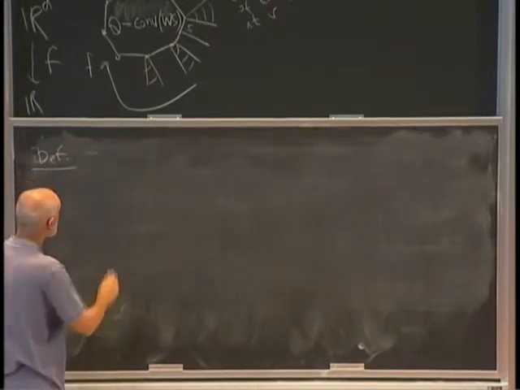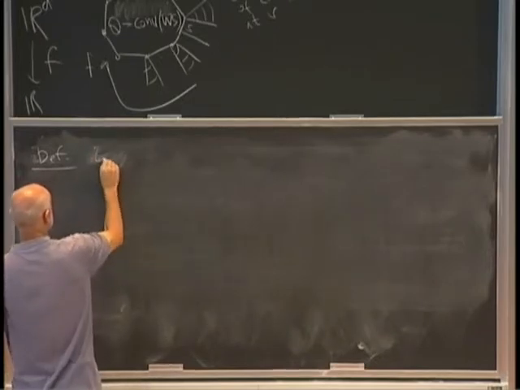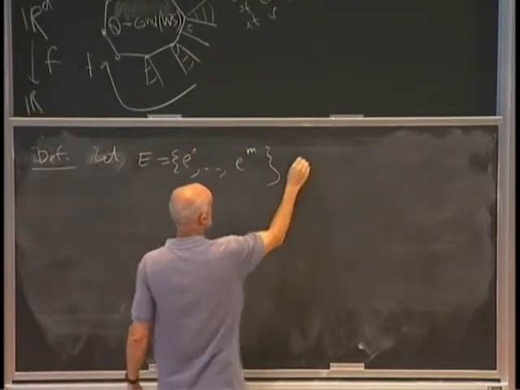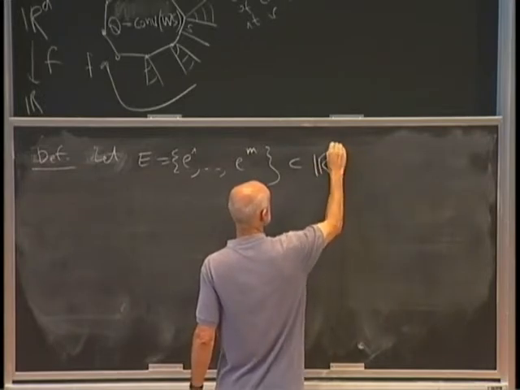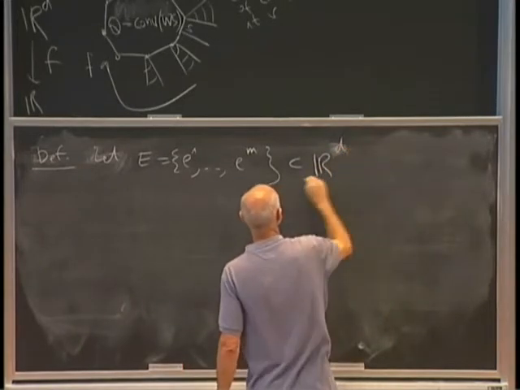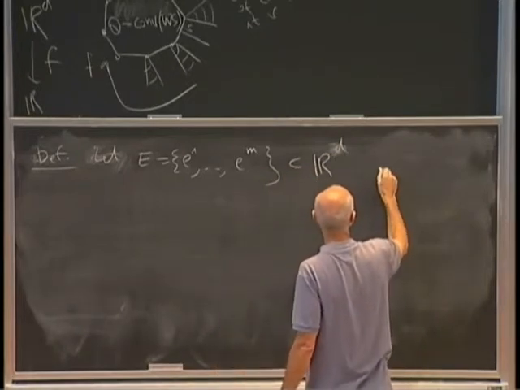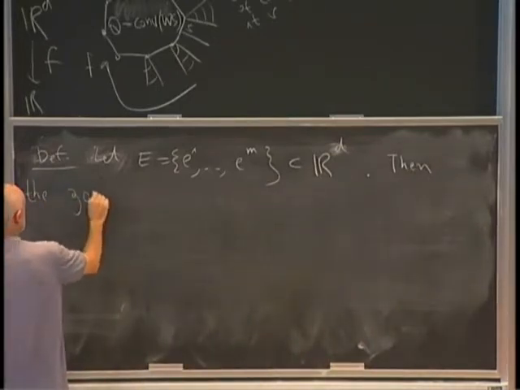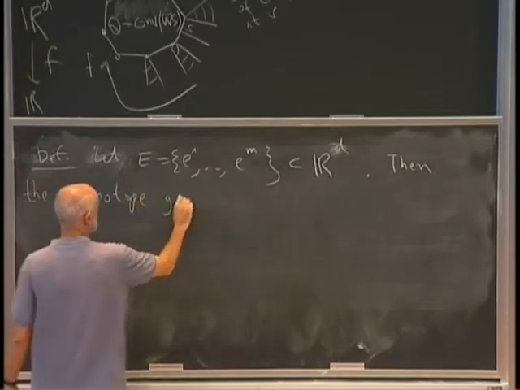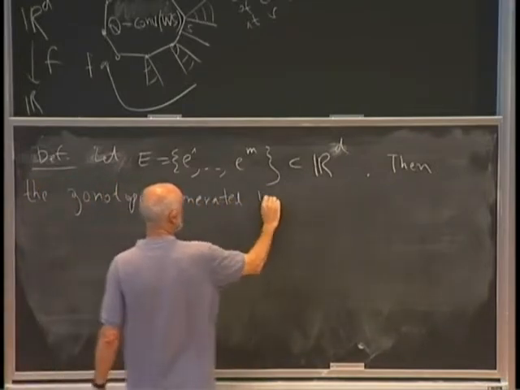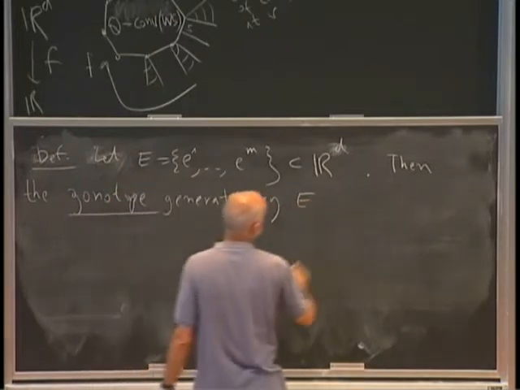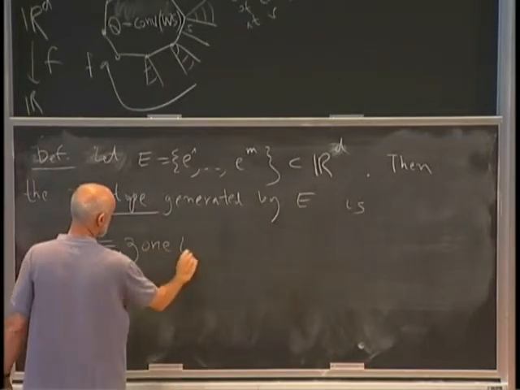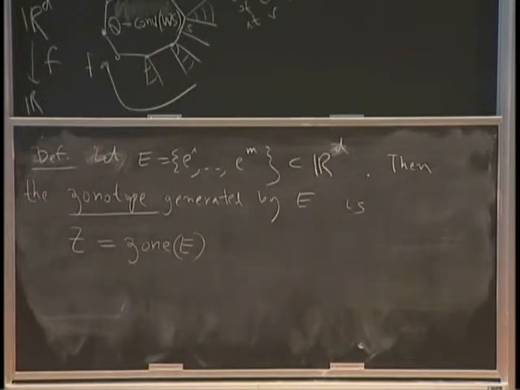A zonotope: let E be a finite set of vectors in R^d. Then the zonotope generated by E is, so Z, the zonotope of E. I mean, you know the definition of a polytope, the convex hull of points, right?